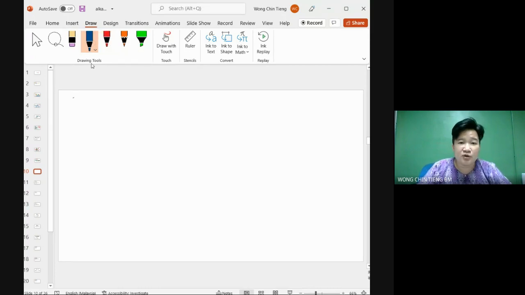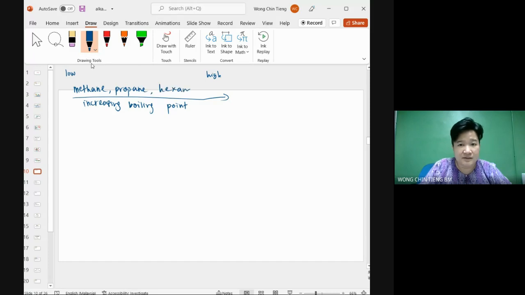Okay? So I have increasing boiling point. Soalan dah bagi, salin je soalan. Increasing boiling point. Saya akan contoh, increase means from low to high. So low saya adalah methane. And then I have propane. And then I have hexane. So in the explanation, how do you write?